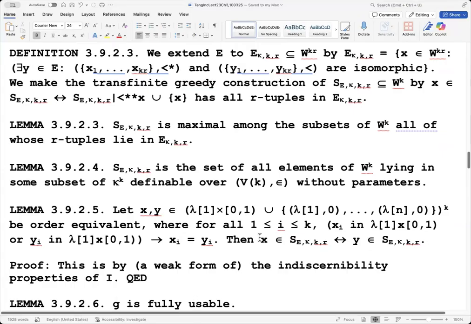Now, this magic set, this greedy set, is actually very definable. It's the set of all elements of our space satisfying a first order condition over V kappa, without parameters.